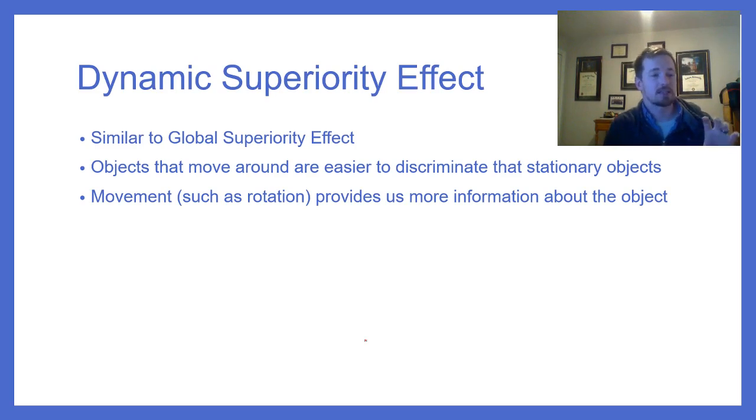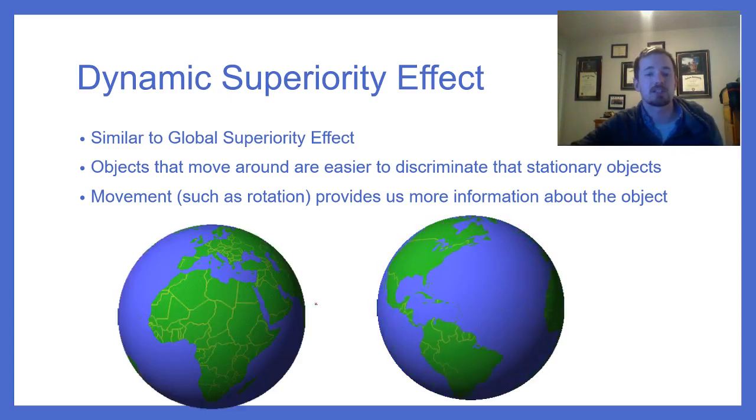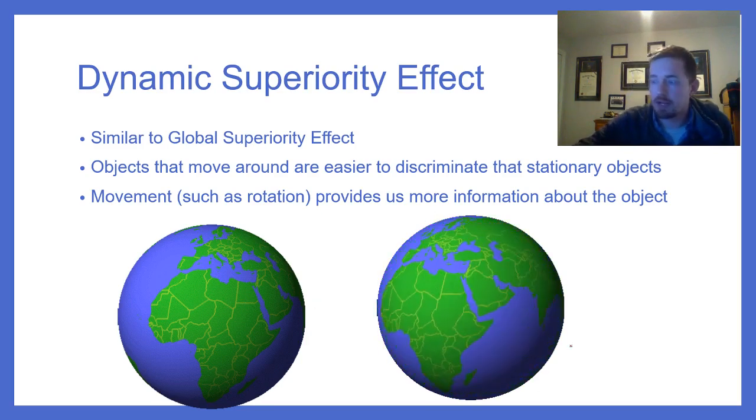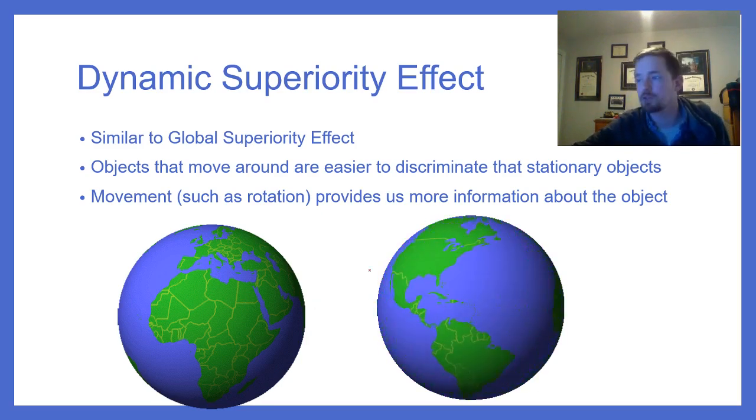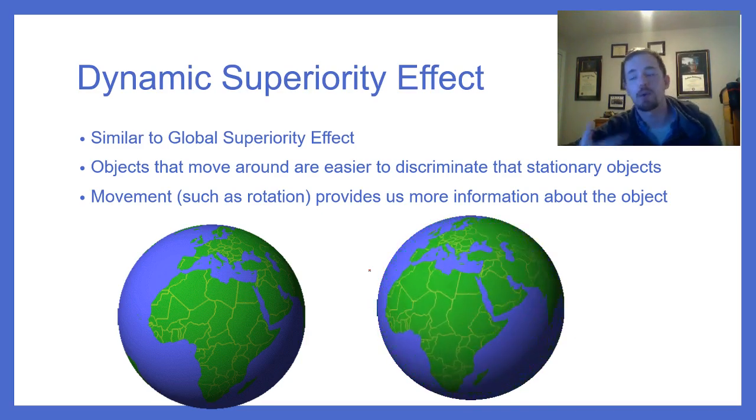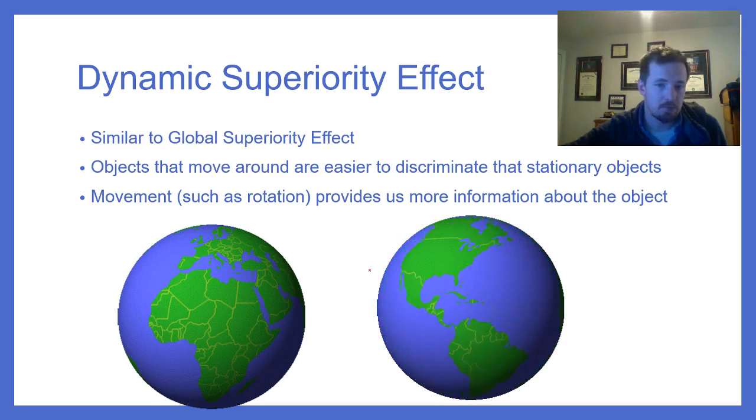So whenever something is rotating or moving around, we are more likely to focus on it and notice it, because movement gives us a little bit more information about what we're seeing, and so we're not only able to recognize this first, but we're also more likely to remember it in the future. That kind of movement is going to stick with us more often than not. This is something that happens in middle vision as well. These are easier to discriminate whenever they are moving versus when they are stationary.